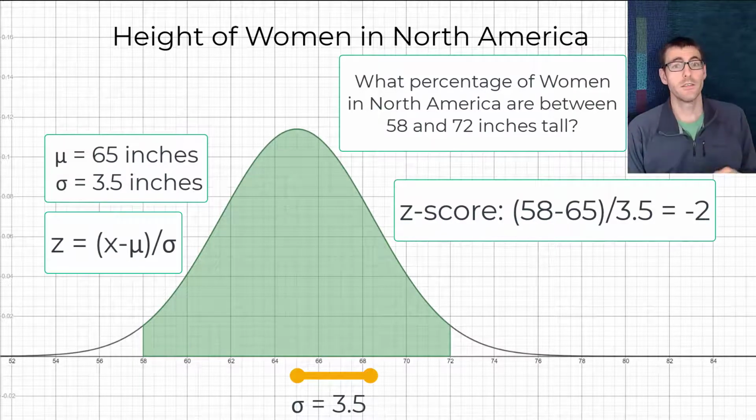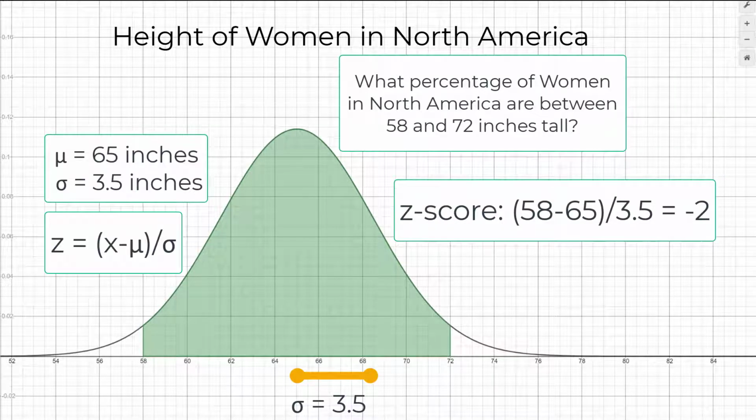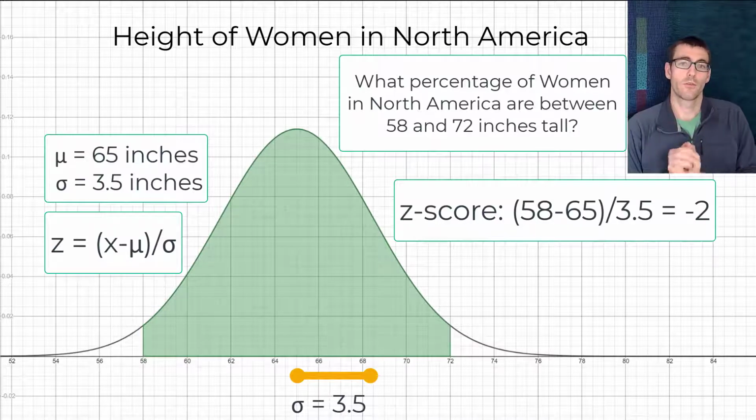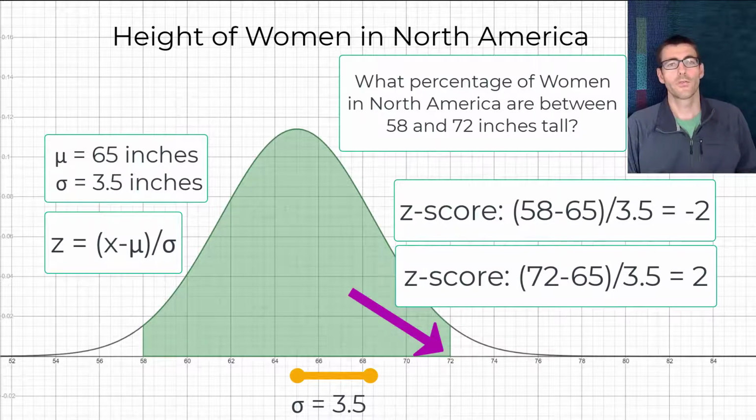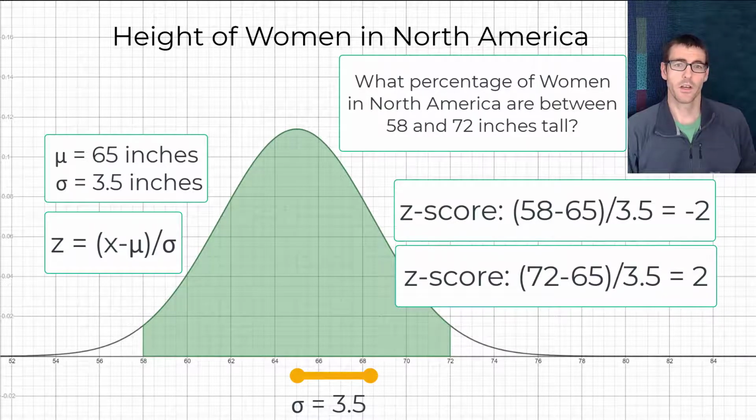Well, 7 inches is 2 standard deviations. Therefore, 58 has a z-score of -2. So the range that we're looking for is 2 standard deviations below the mean through 2 standard deviations above the mean. By translating into this z-score language, we can take units completely out of the picture.